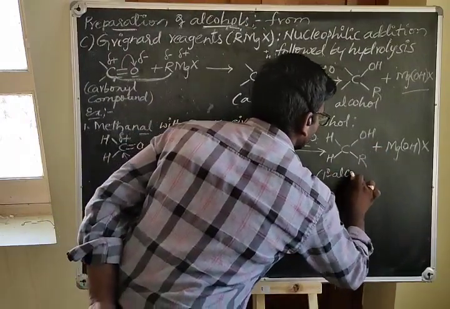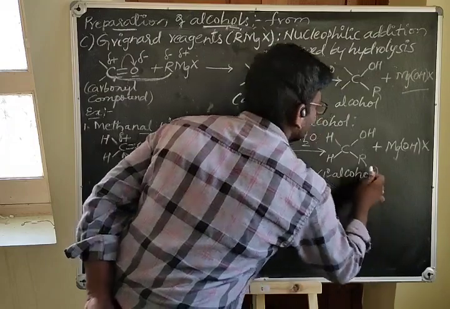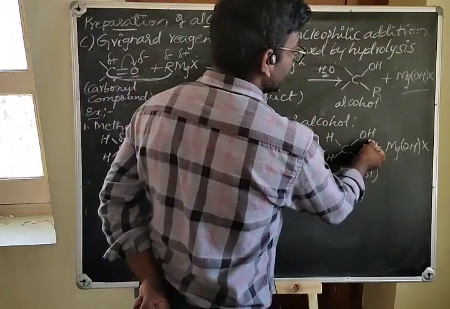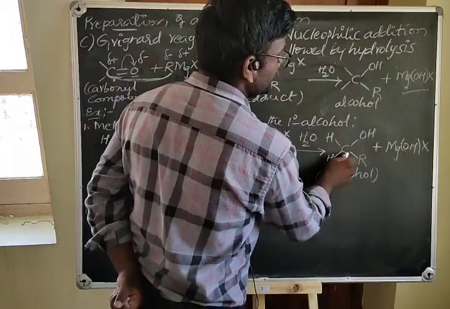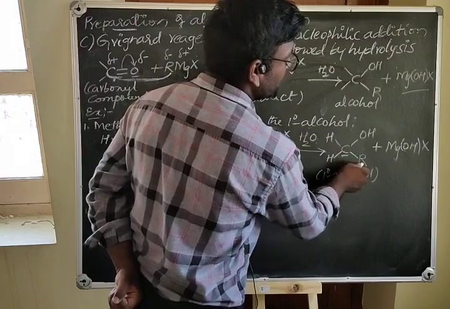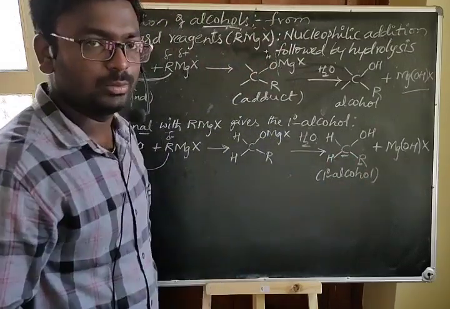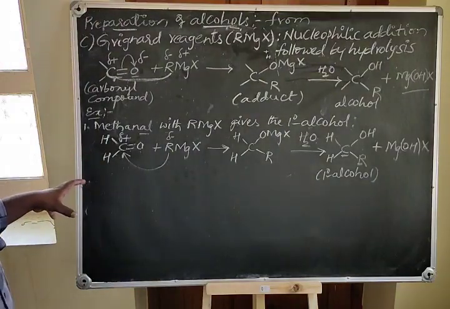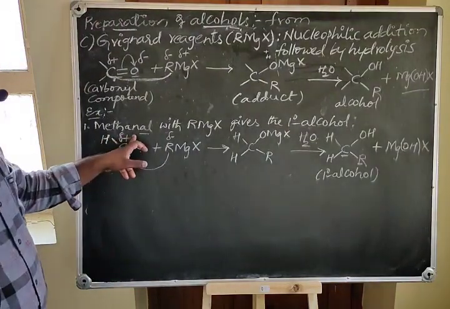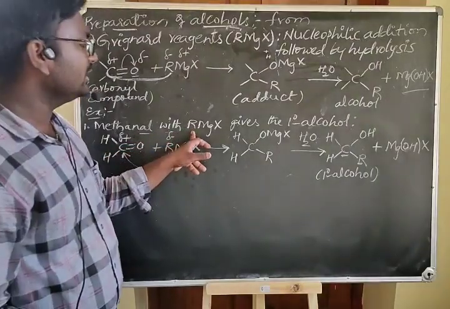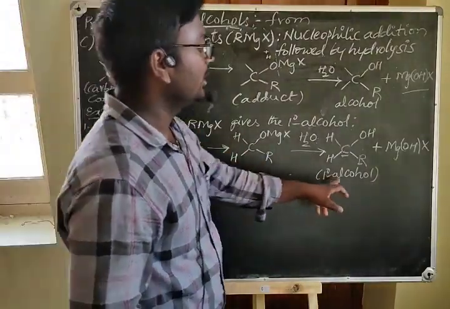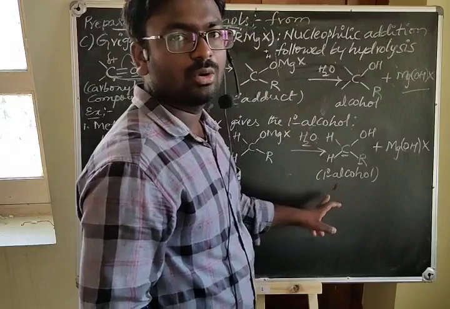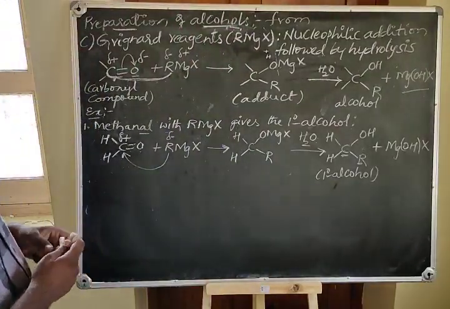How can we say that? Because the OH is present on a carbon that is linked to only one other carbon, of this alkyl group. From this you understood that when methanal, an aldehyde, is treated with the Grignard reagent, you will get a primary alcohol as the final product.